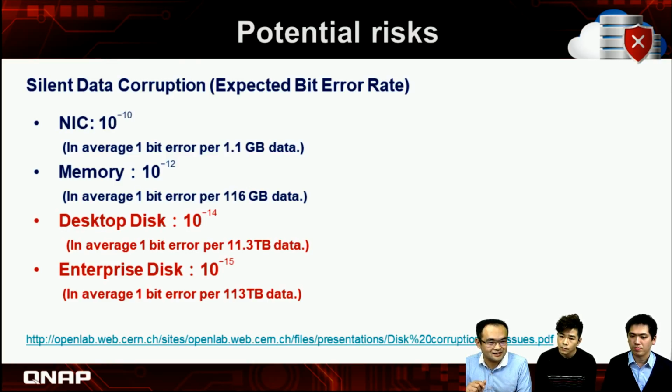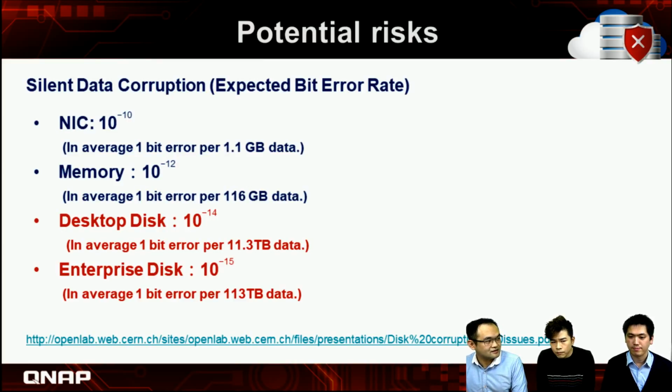A desktop disk, on average, will have 1 bit error when transferring about 10 terabytes of data. The enterprise disk is more stable than the desktop disk, but it still might have 1 bit error per 100 terabytes of data transported.